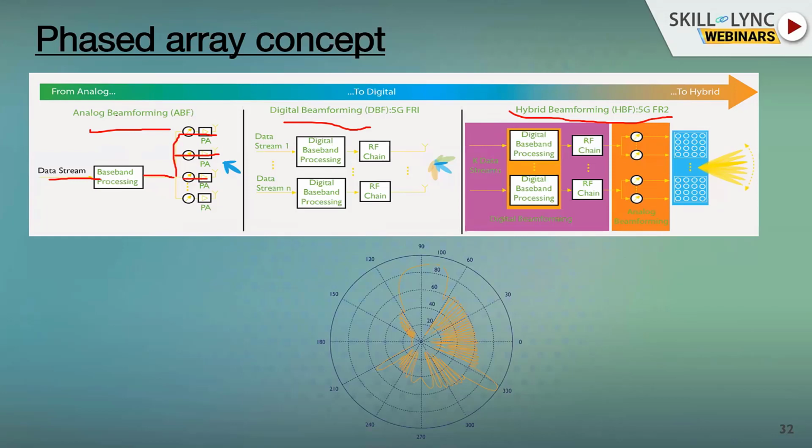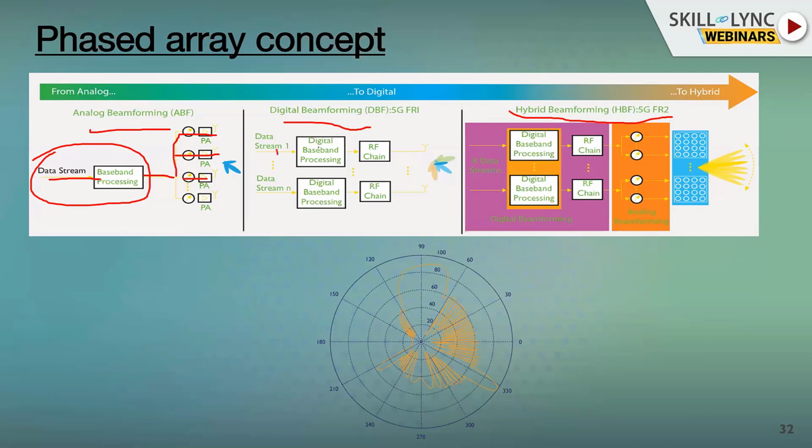The disadvantage here is, for example, if I'm going for a non-standalone network wherein 5G is operating in the millimeter wave band and 4G is operating in sub-6 GHz, then this cannot be used because it will support one frequency at a time. So at that time we can use digital beamforming, wherein we have baseband processing and the RF chain is different.